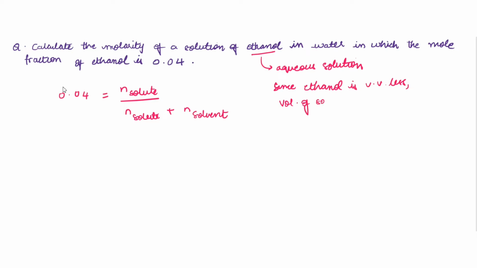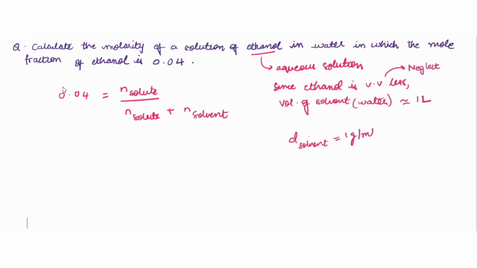So we know the density of water is 1 gram per ml. I think you all must have known this. The density of water is 1 gram per ml. Even if it won't be given in the question because it's something very general, you need to know it. It's common and I think most of you would have known it.